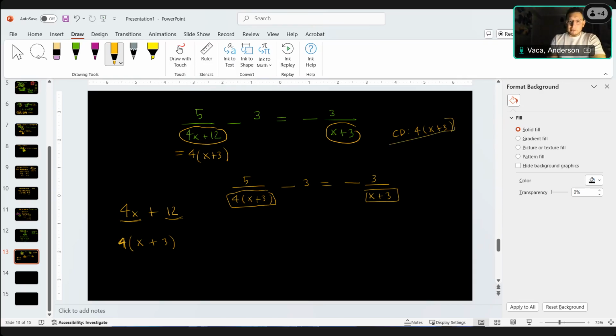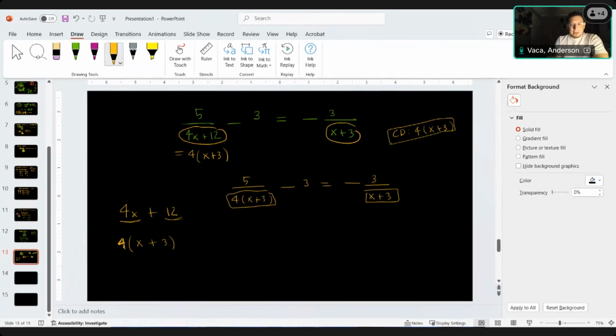But we also notice that we need a 4 for the common denominator. So what I'm going to do is multiply by this quantity, 4 times x plus 3, times 5 over 4x plus 3, minus 4x plus 3 times 3, is equal to negative 3 over x plus 3 times 4x plus 3.